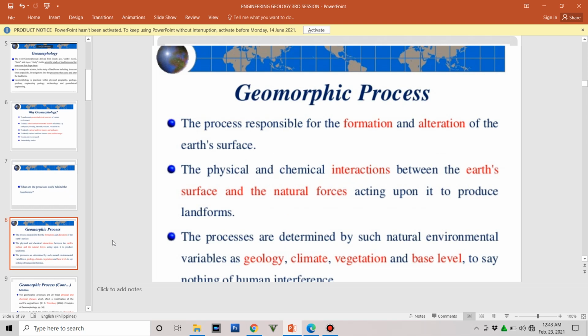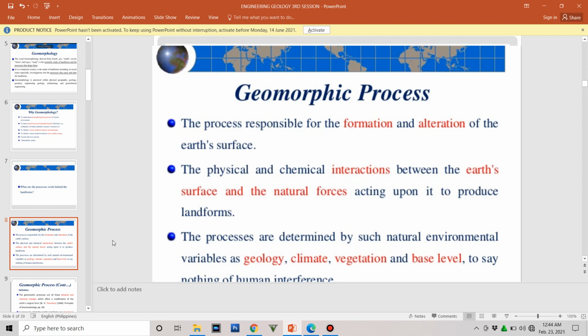Later on we will deal with that. The processes are determined by such natural environmental variables as geology, climate, vegetation, and base level, to say nothing of human interference. Now we would like to emphasize here that the geomorphic process is all about natural process.